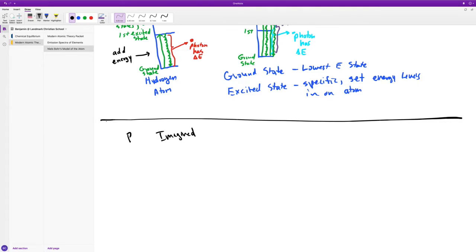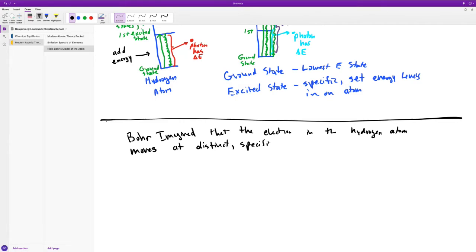So Bohr imagined that the electron in the hydrogen atom moves at distinct, specified, allowed, which is sort of a weird word to use, orbits.